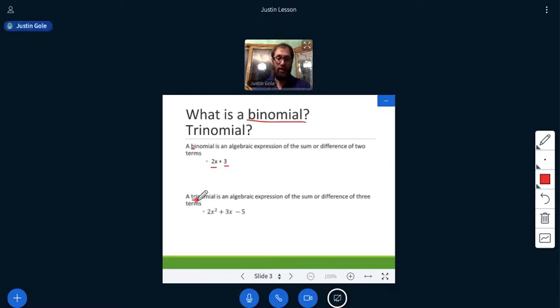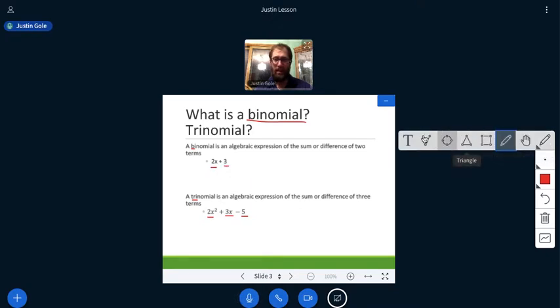A trinomial is an algebraic expression of the sum or difference of three terms. A term is essentially anything that's been multiplied by itself or by each other or divided by something.